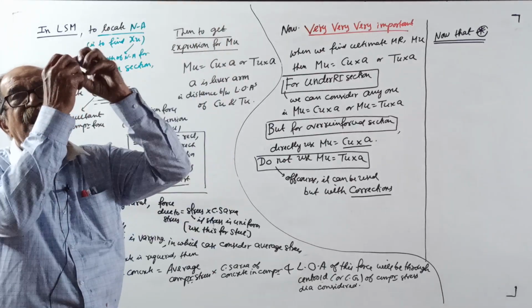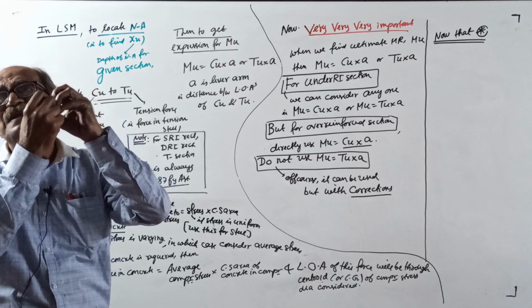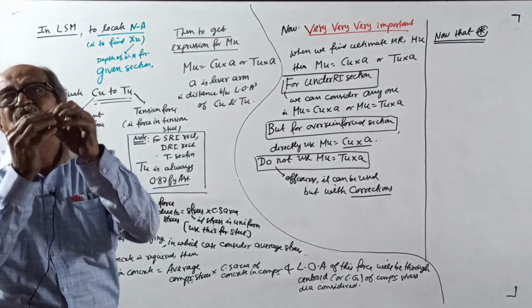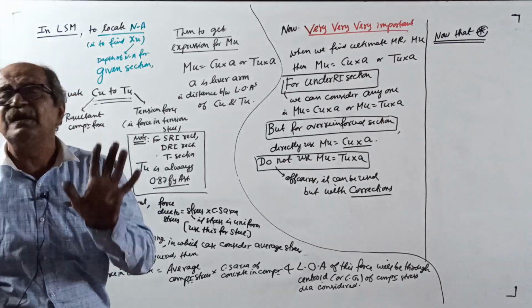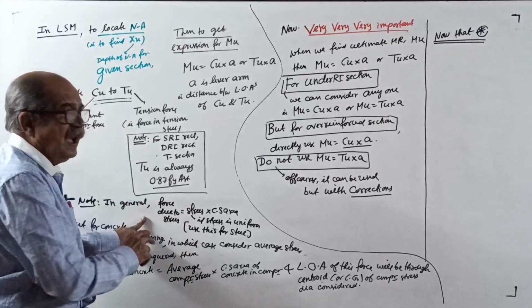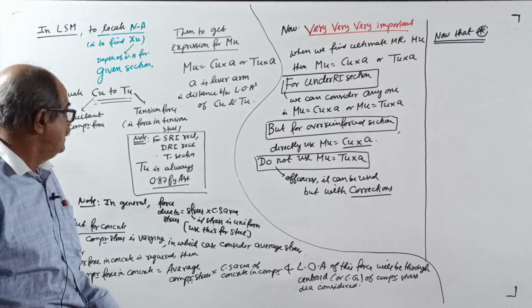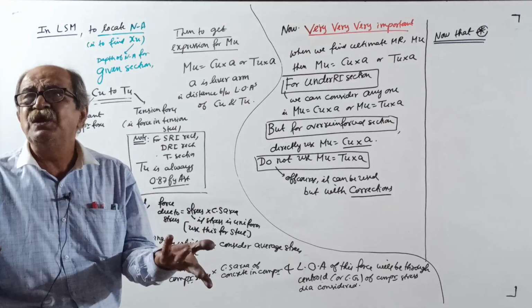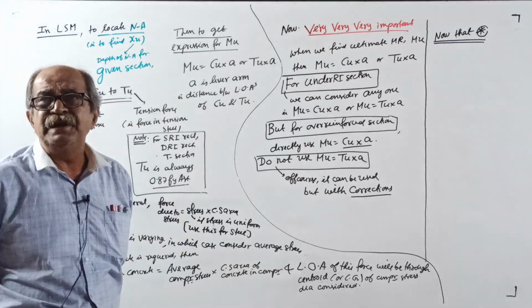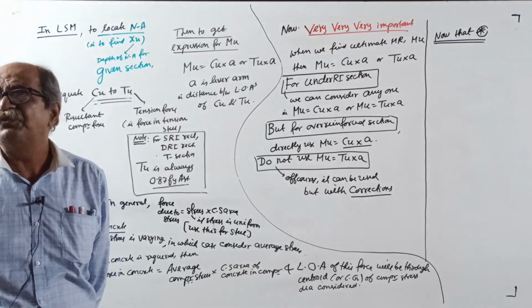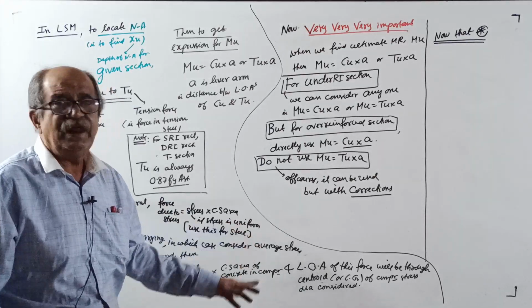Of course, along the diameter, there is a slight change in the stress. That is ignored; that variation along the diameter is not considered. Whenever you want force in steel, you simply multiply the stress in steel into the cross-sectional area of steel. I will not tell this once again later, because this is extra I am telling you.